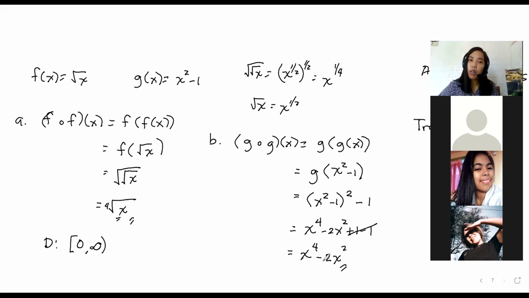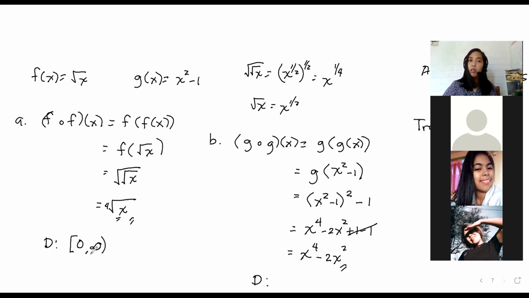Okay? So for this, what is the domain? Nagkakaroon lang naman class ng restriction sa domain at sa range. For domain ng square root function, or this is fourth root kasi eh, bawal ang negative yung magiging sagot.